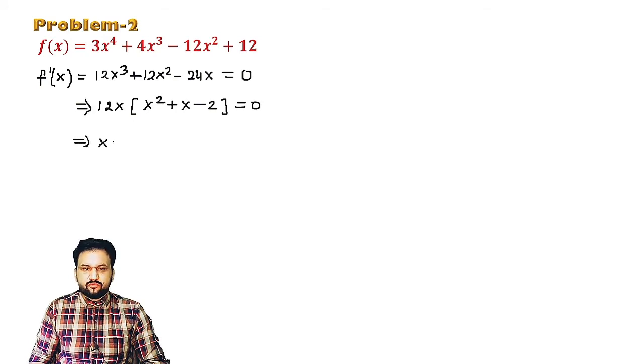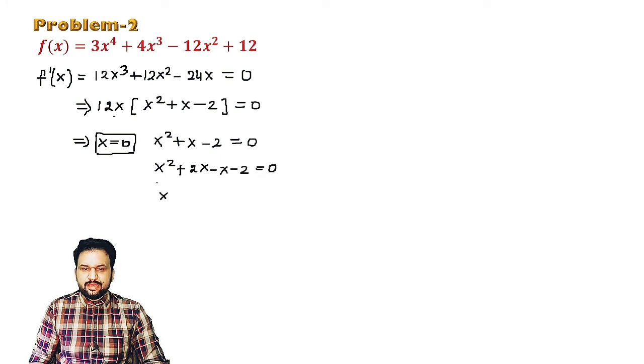By this, first of all, you get x is equal to 0, one point from this part. This equation we can also solve with the factorization method. So x^2 plus x minus 2 we can factor as x^2 plus 2x minus x minus 2 equal to 0.